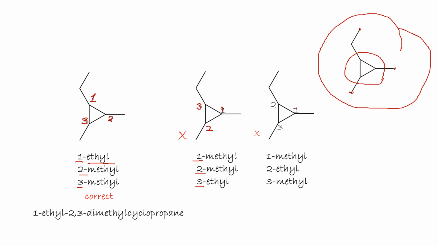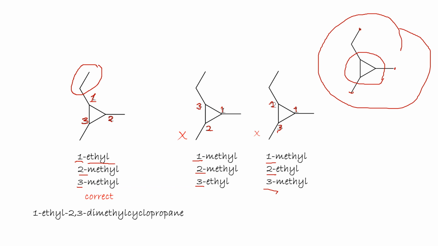If we number it again, 1 methyl, 2 ethyl, 3 methyl. Since the number system is the same, 1, 2, 3 in each case, we will choose the one that starts first alphabetically.